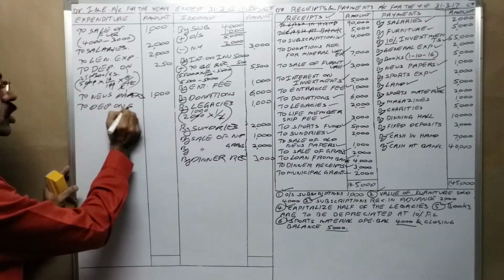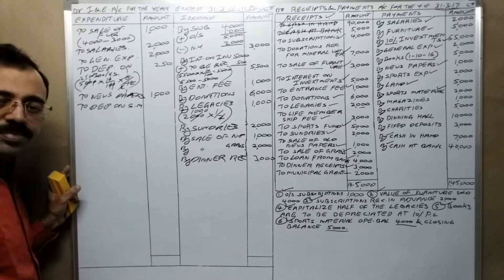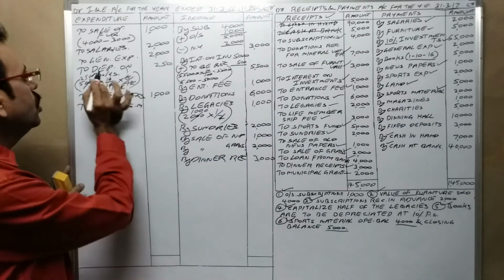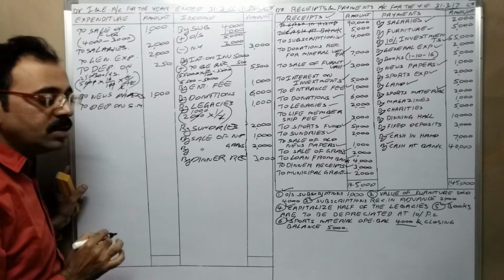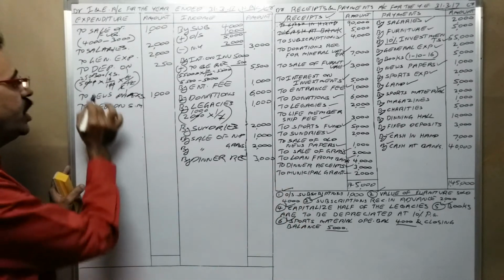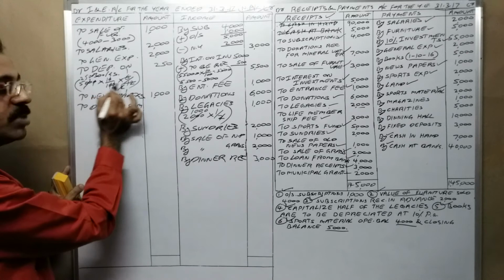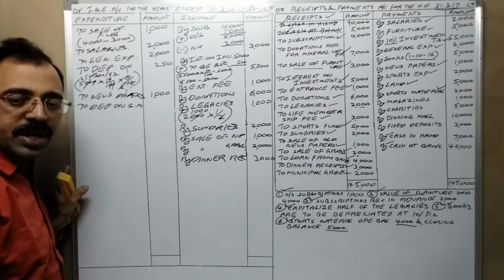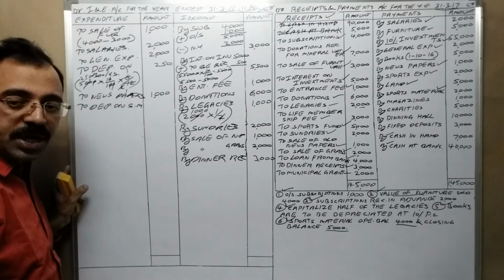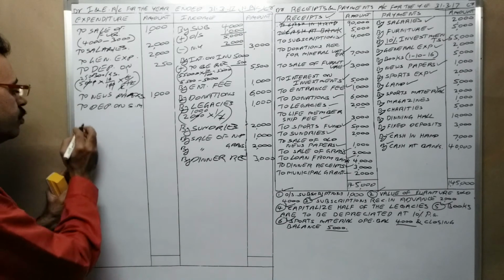Depreciation on sports material. How do we calculate depreciation here? When a percentage is given, we calculate it like in the depreciation chapter. But for sports material, he is not giving a percentage. Then what should we do?